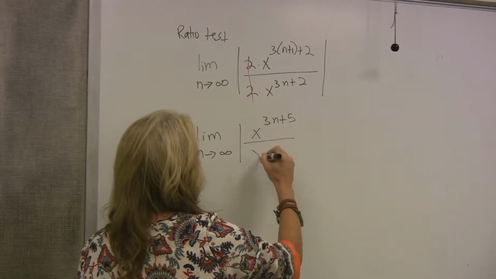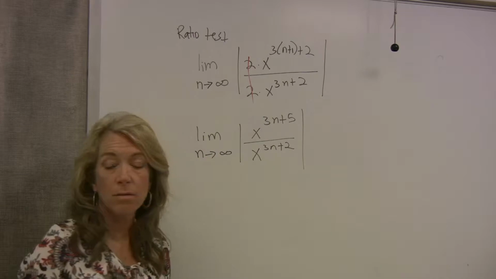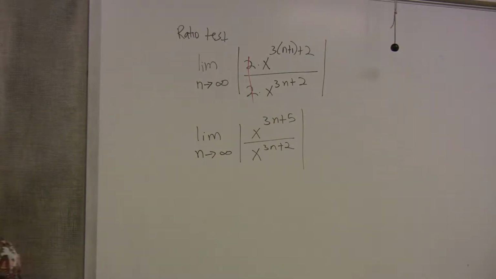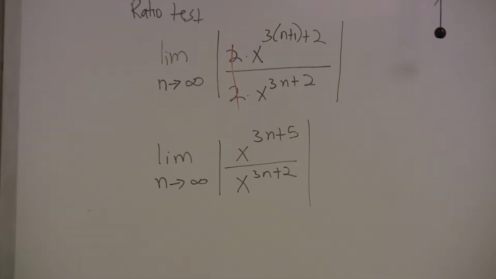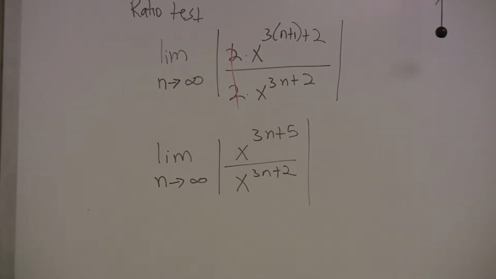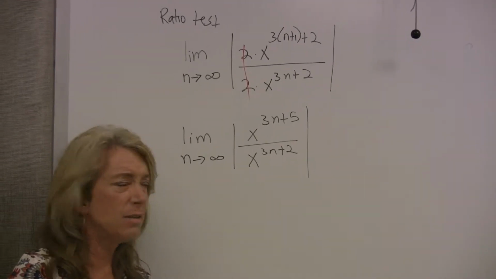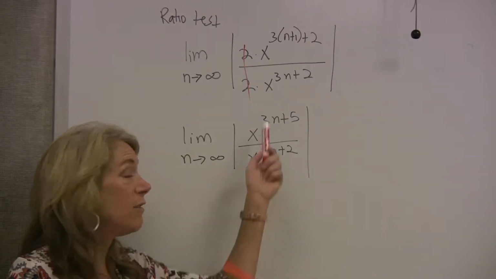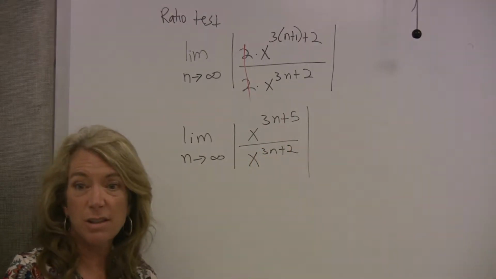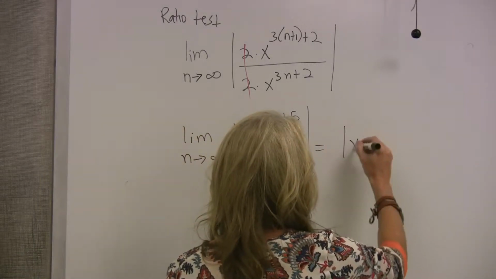And this is 3n plus 2. I'm going to be left with some 3n's. The 3n's are going to reduce. How many more x's do I have up here than I do down here? Three more, right? You take 3n plus 5 minus 3n plus 2, there's 3 extras. So this is just going to be x cubed.